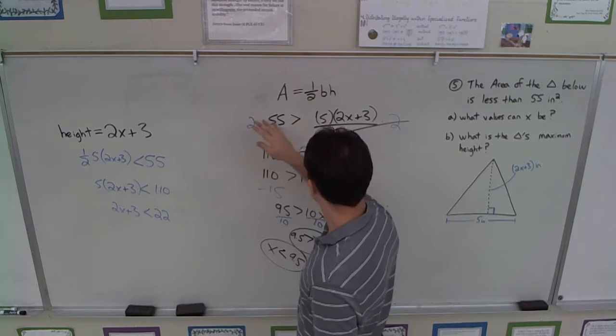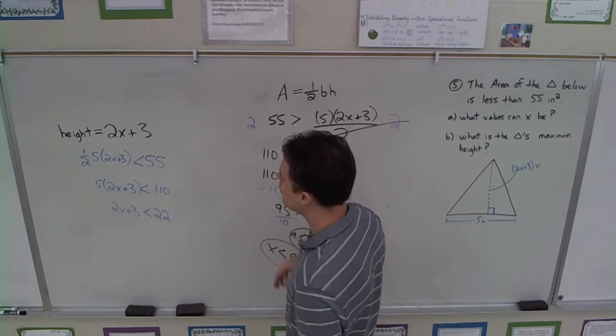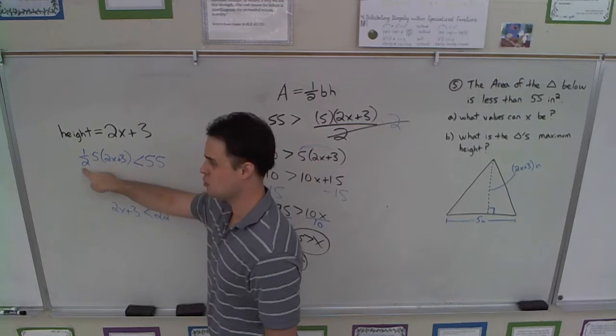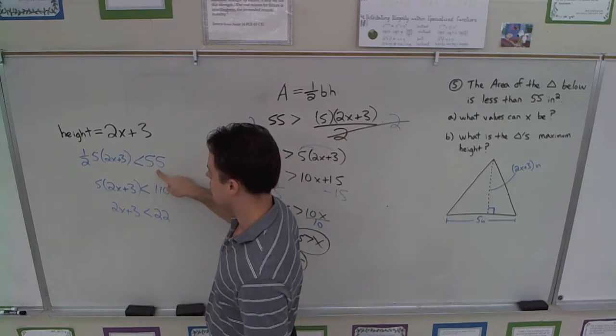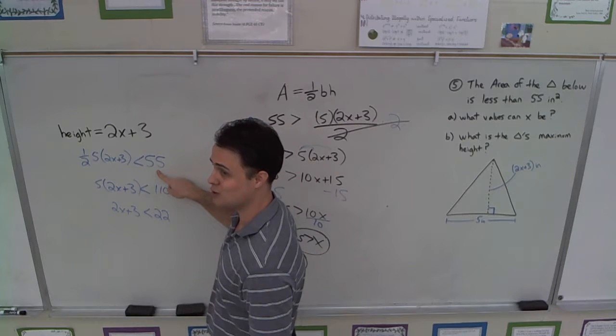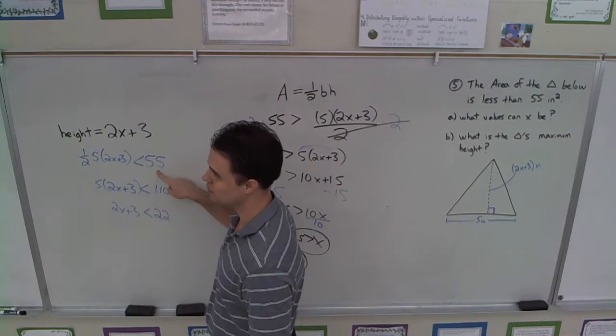So then I said, I think I'm going to go back to the basics and think about my formula just one more time. I said, okay, we need the area, which is half the base times the height, to be less than 55. So then I said, okay, we were solving it for x last time. Key is, this time you're not solving it for x, you're solving it for the height, which in other words is 2x plus 3.